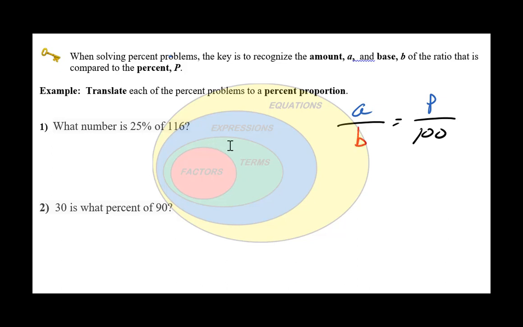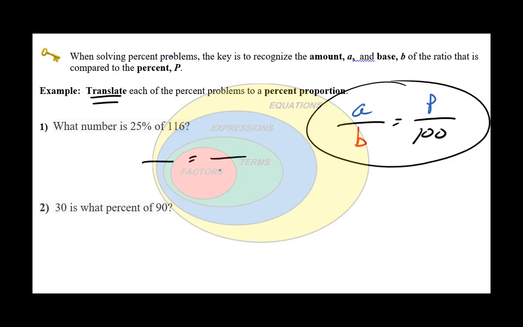So when we translate using our percent proportion formula, we're just translating. It says, what number is 25% of 116? So we start out with a percent proportion. The easiest thing to identify is the percent. So P is going to be 25.